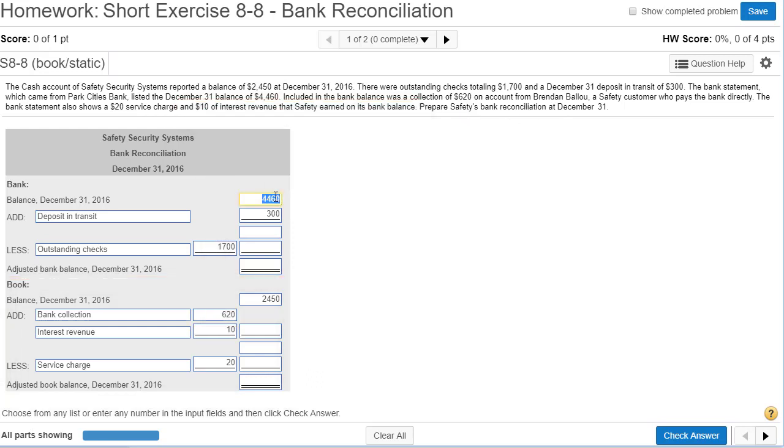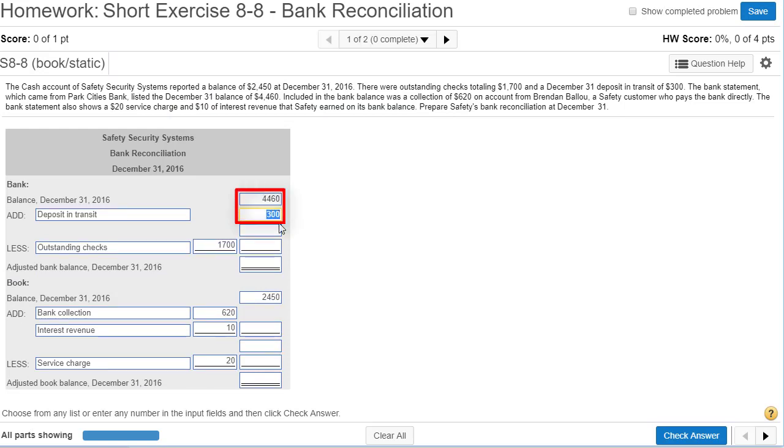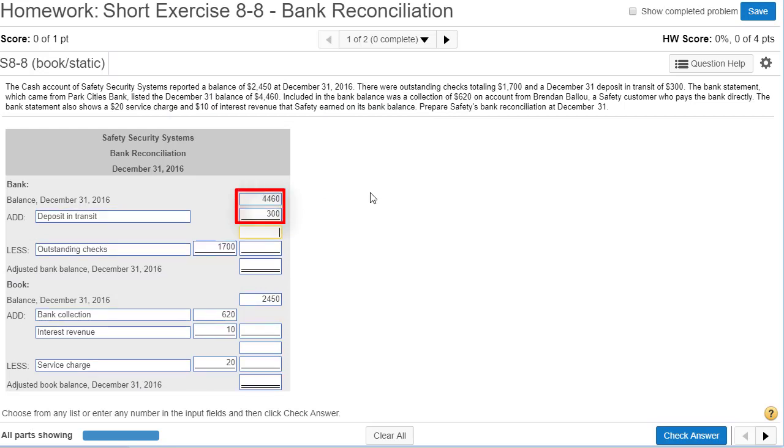So we're going to take $4,460 plus $300 gives us a subtotal of $4,760. Now we're going to take $4,760, subtract $1,700. Actually, here we're going to put the total of this $1,700. So just put the $1,700 again.